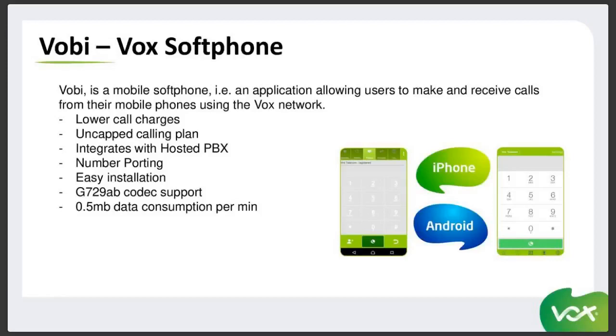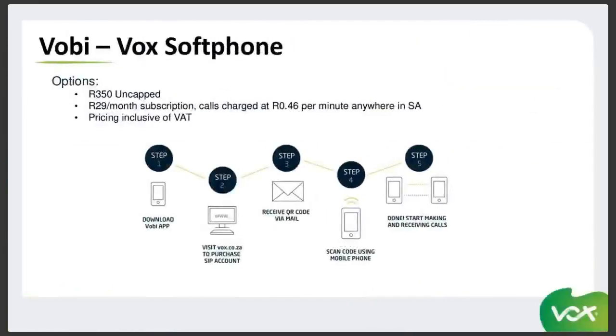The whole method of installing this application is simple, and signing up for a SIP account is really simple, as indicated on the next slide. You can go online and purchase it, or in your case, you can have your customer come to you, you fill out an application form, do the deal, and get them to sign the contract. From the point of going live, customers are emailed their QR code, and the QR code is just a very simple way to set up a username, a password, and a URL for the soft phone to register.